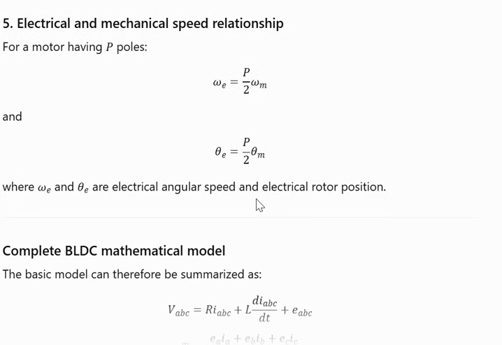Electrical and mechanical relationships can be related through the number of poles. Omega E is the electrical angular speed and theta E is the electrical rotor position.